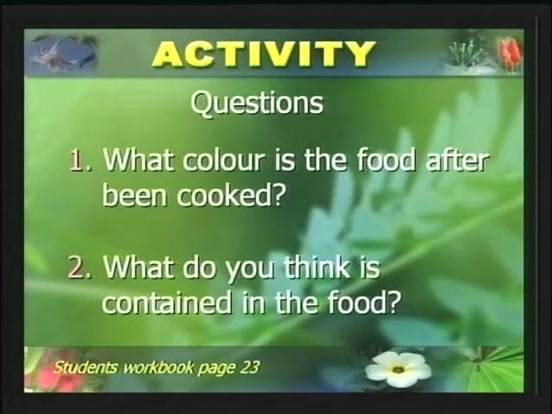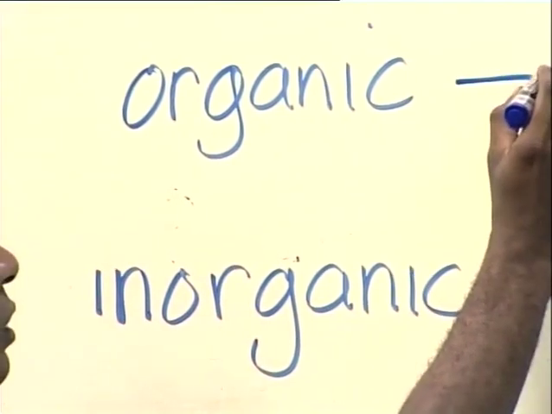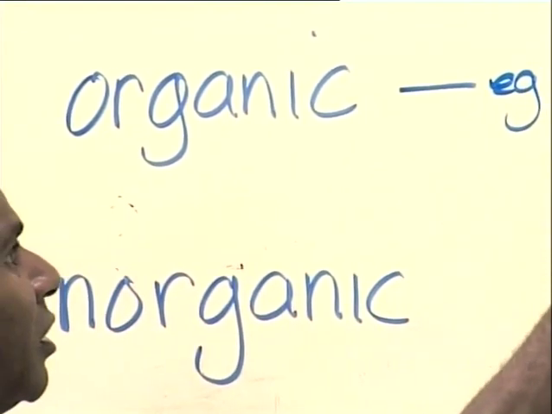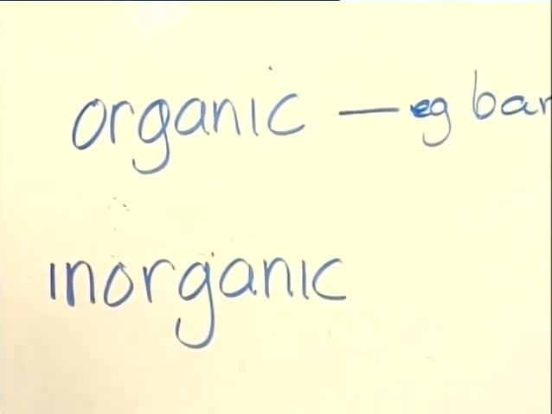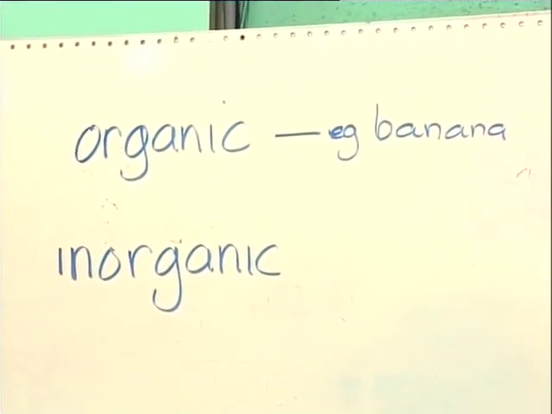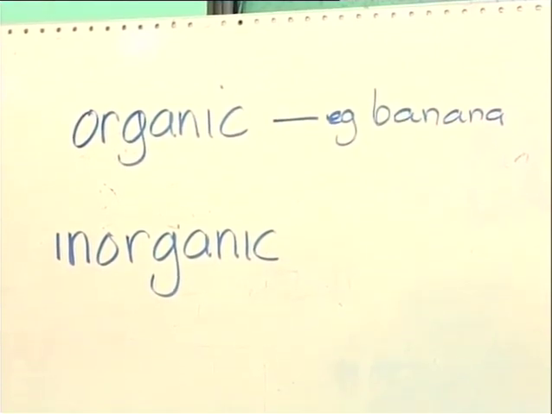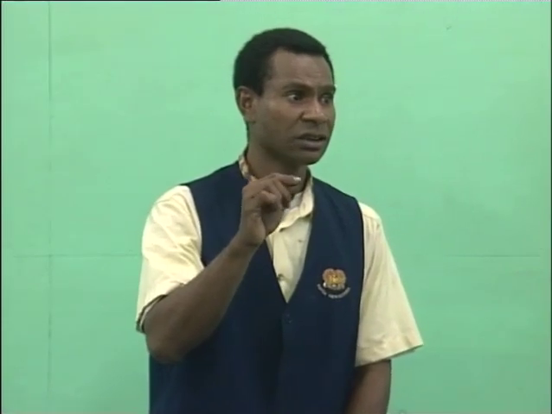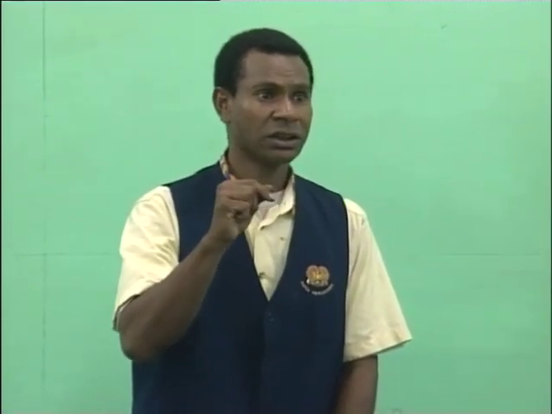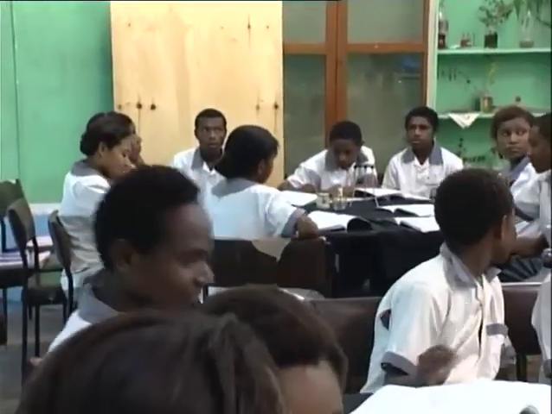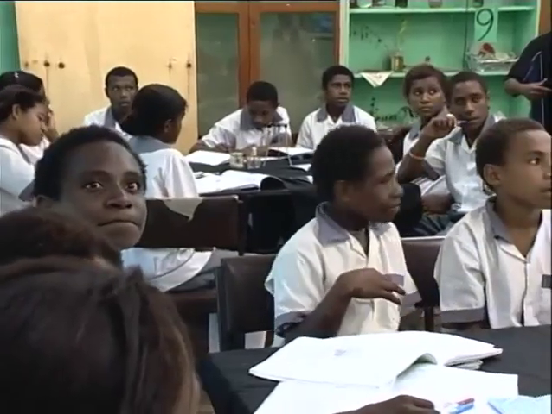Banana comes under this group here. Example, banana. What do you think that black stuff is in banana? Of course it is the burnt part. What is it? Shannon? Inorganic. Okay, which one is inorganic and which one is organic?